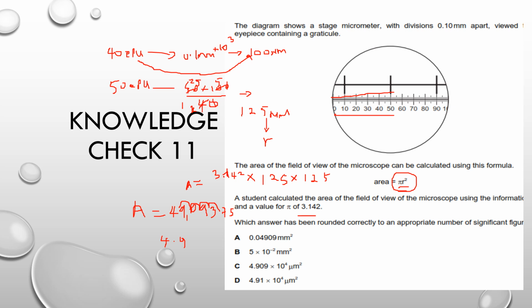Now they said significant figures. 0 is not a significant figure. So instead of writing 4.909, round it off. Oh, sorry, let me write it very well. 4 point what?